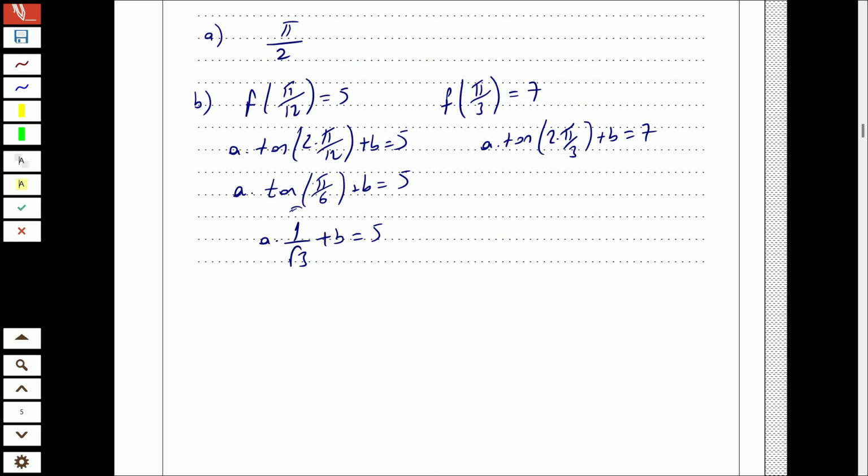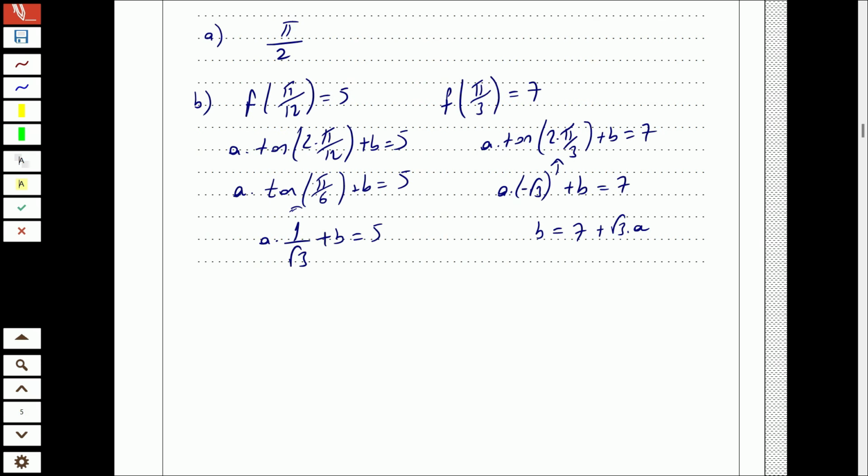So alpha over square root of 3 plus b equals 5. And the second one, I know that tangent 2 pi over 3 is in the second quadrant, which will be a negative sign, and the value of this angle will be minus square root of 3, so minus square root of 3 times alpha plus b equals 7. So I can write b equals 7 plus square root of 3 times alpha.